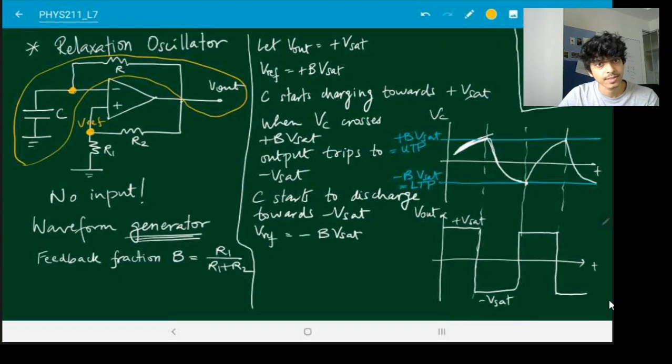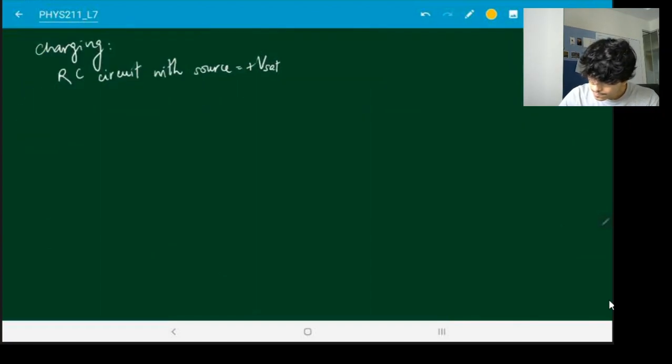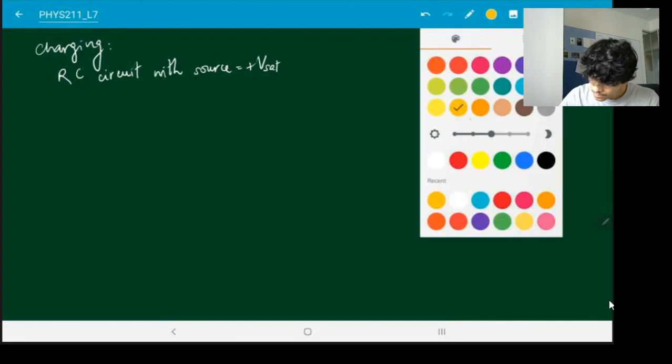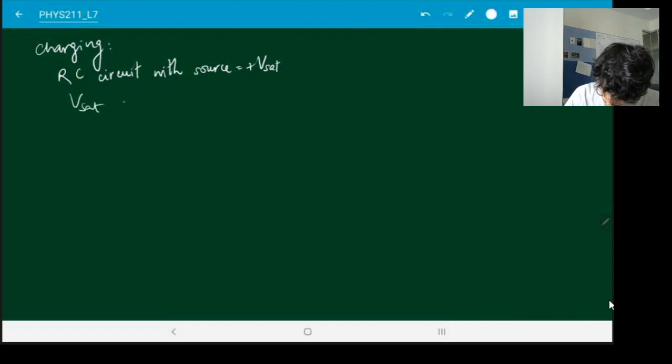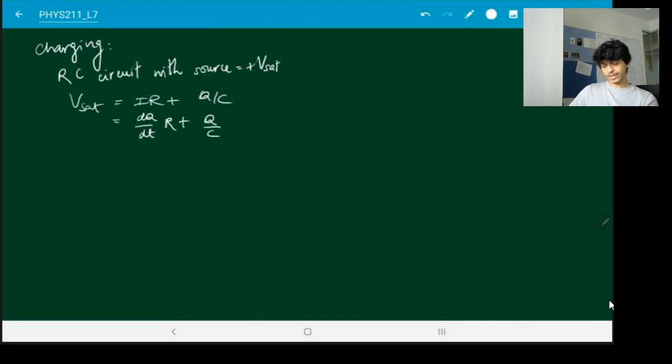That source is just the output voltage, which is VSAT. So basically when you write your equation, you get VSAT is IR plus Q by C, which is this. This is exactly what we had done in lecture 2, I think.